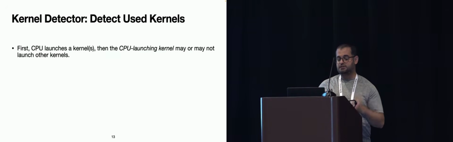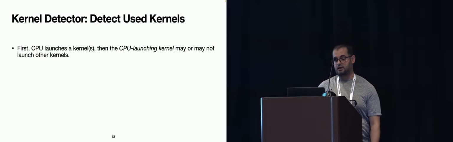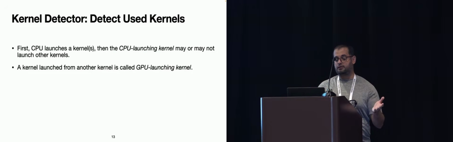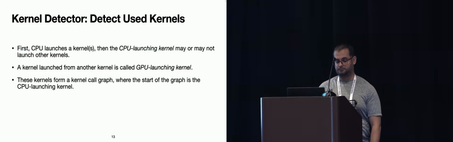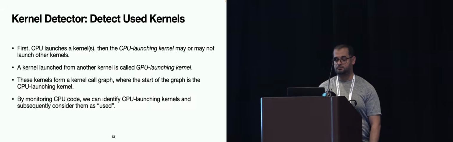So first, the CPU launches kernels, and then the CPU launched kernels may or may not launch other kernels. And the kernel launched from another kernel is called a GPU launching kernel. These kernels form a call graph called the kernel call graph, where the start of the graph is the CPU launching kernel.